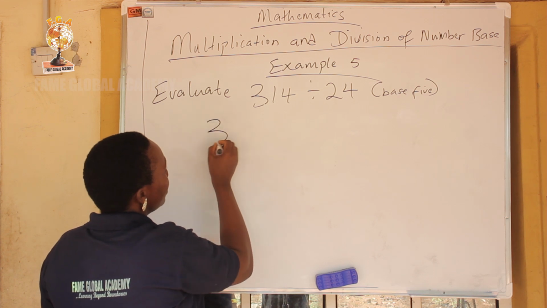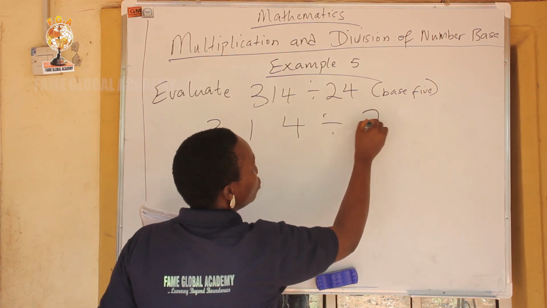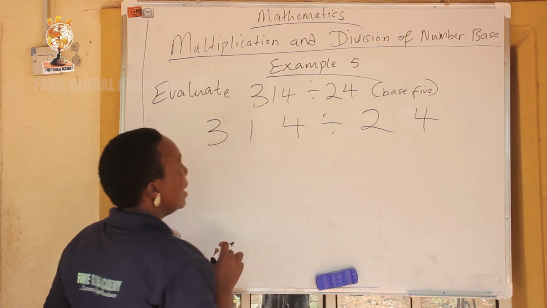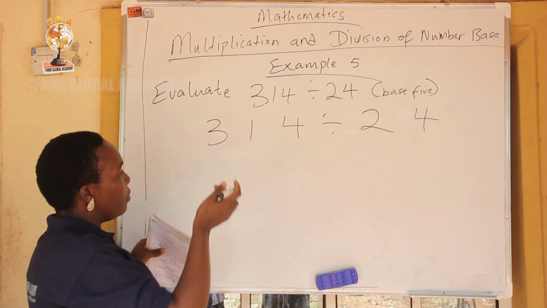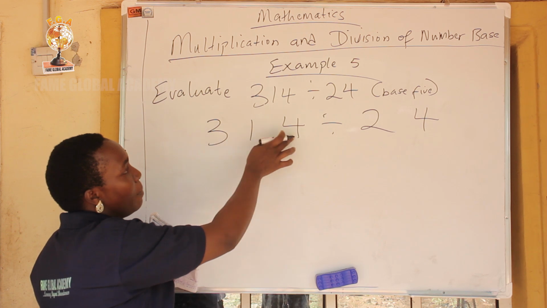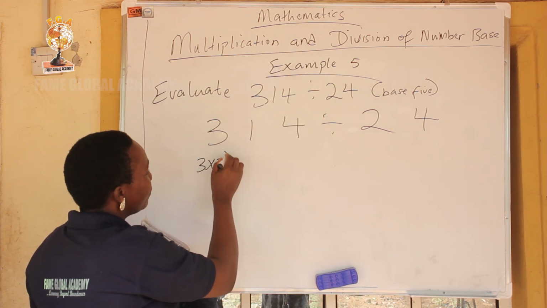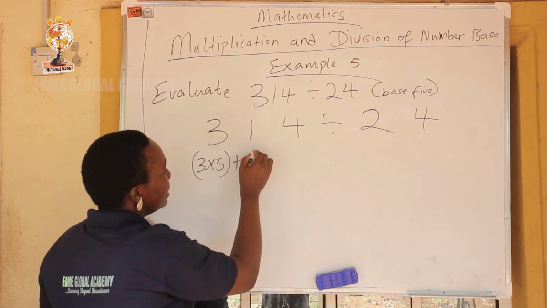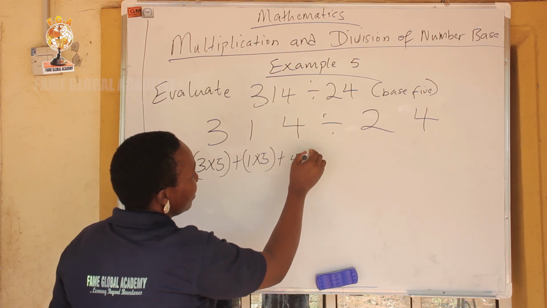This is 314 in base 5 divided by 24 in base 5. Now how do we do expansion of a number in base 5? You remember, if we are working in base 5, you multiply each of the numbers with the base. So this will give us 3 times 5 plus 1 times 5 plus 4 times 5.